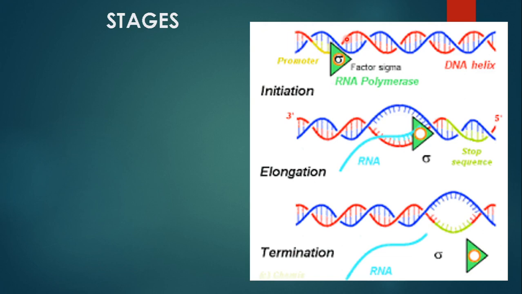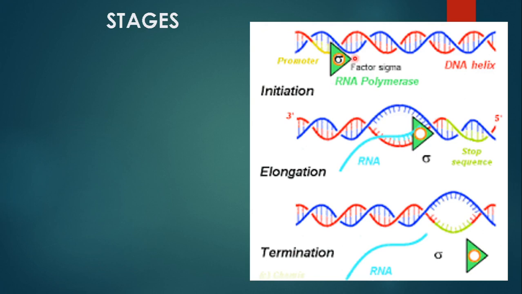Now, RNA polymerase, DNA dependent RNA polymerase, comes and binds upon the promoter region when transcription has to start. It will bind with the promoter, and a factor known as the sigma factor will also bind with the polymerase, and then it will start proceeding along the length of DNA.